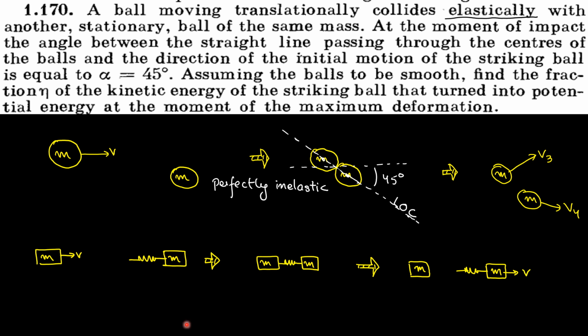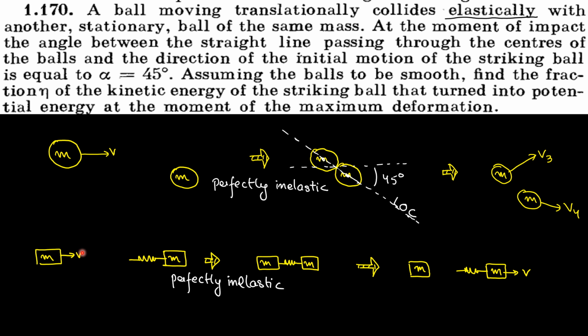If you apply the equation between the first and the third, this is perfectly elastic. But between first and second, this is perfectly inelastic. That means the maximum amount of kinetic energy of the system was used to compress the spring. Similarly, the maximum amount of kinetic energy was used to compress the rubber balls.